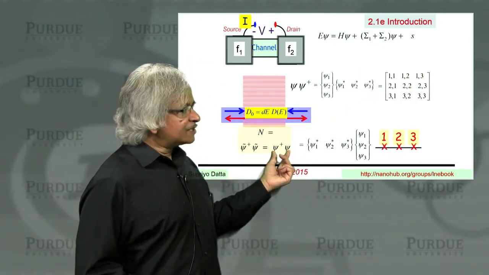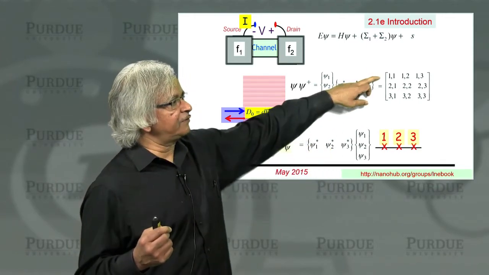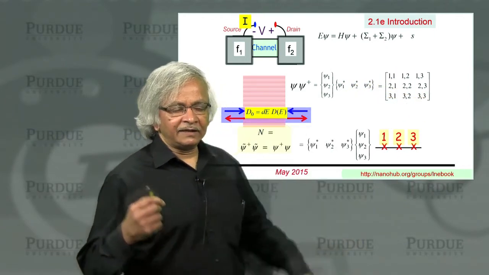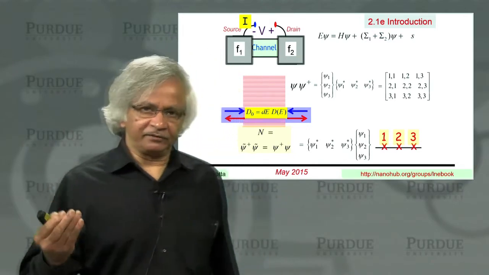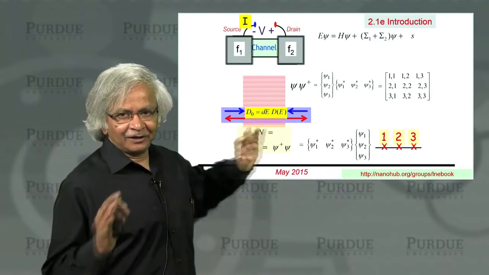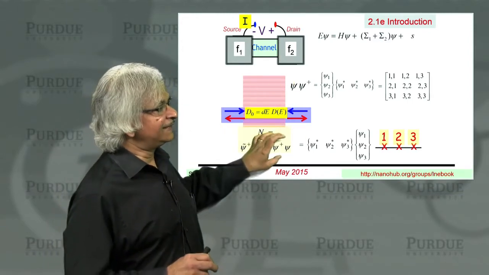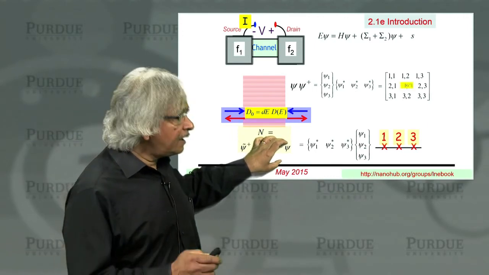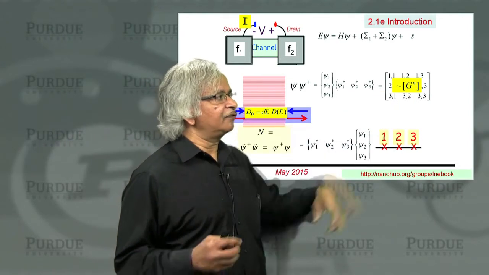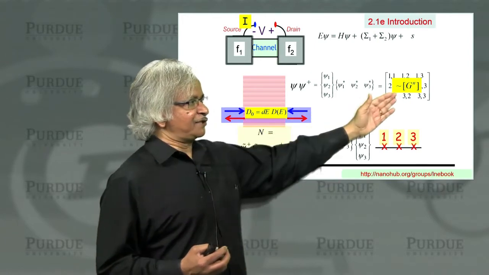Whereas this quantity here is just a number. And how could you get this number out of that matrix? Well, you could just add up the diagonal elements. That's what is generally called taking the trace of a matrix. So the trace of ψψ† and ψ†ψ are both the same. But the basic thing is, this is a 3 by 3 matrix, and that's just a number. And anyway, this is the quantity that we call Gn. It's kind of like this n, but it's the matrix version of it, right?